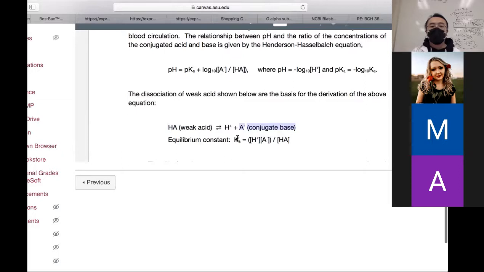Okay, so Ka is the equilibrium constant, which is calculated by the concentration of protons times the concentration of the conjugate base, divided by the concentration of weak acid. When we say this concentration, it is not the initial concentration.